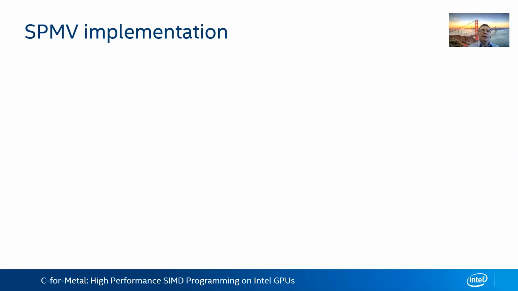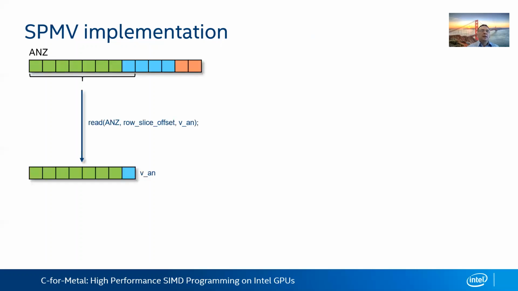Assuming the input matrix is not extremely sparse, there are still a few non-zero elements per row. Let's say average 8 or above. We let one hardware thread process one row in this case.